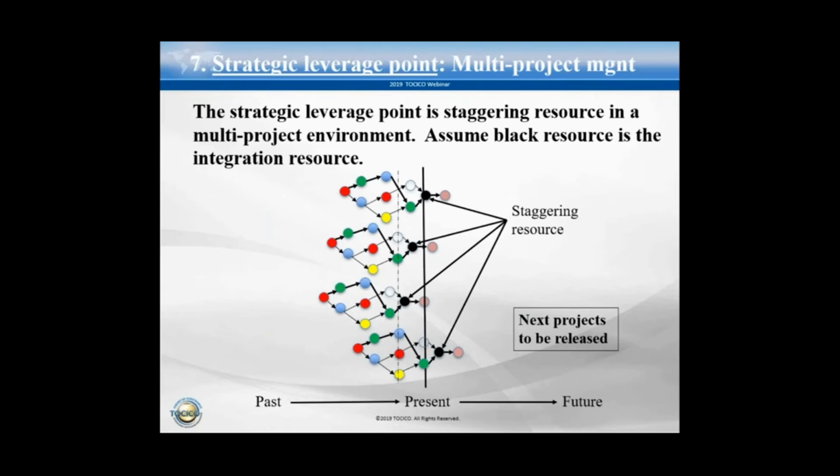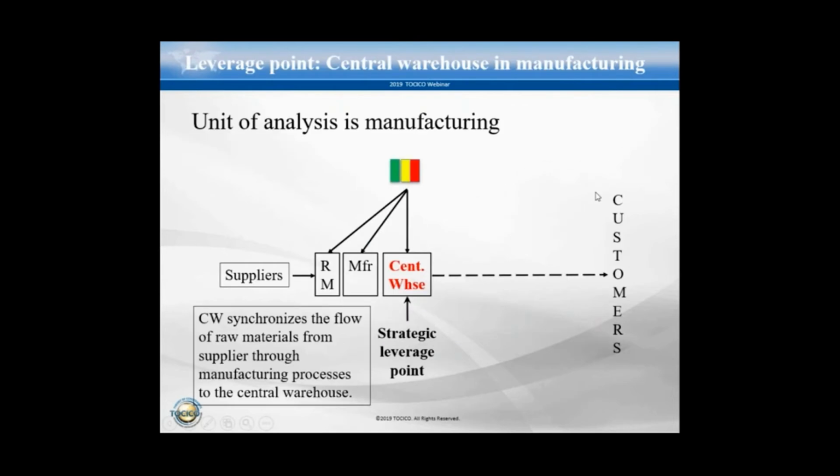The solution again is an integration point, and I would call that the strategic leverage point because we're looking at a bigger system. Same thing happens in manufacturing. If you look at Eli's first book, he talks about syncing manufacturing. The strategic leverage point in manufacturing with simplified drum buffer rope certainly is the central warehouse.